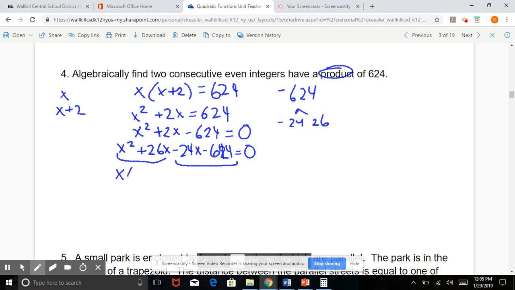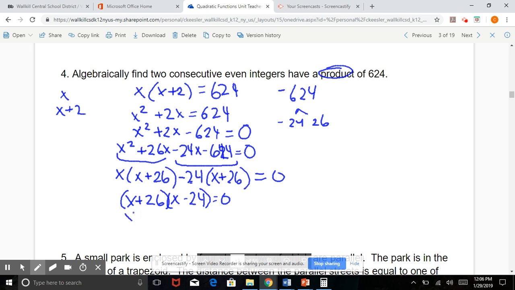Take out x, I'm left with x plus 26. Take out negative 24, I'm left with x plus 26, because we just found above that negative 24 times 26 gives us the negative 624. Factor out x plus 26, and I'm left with x minus 24.